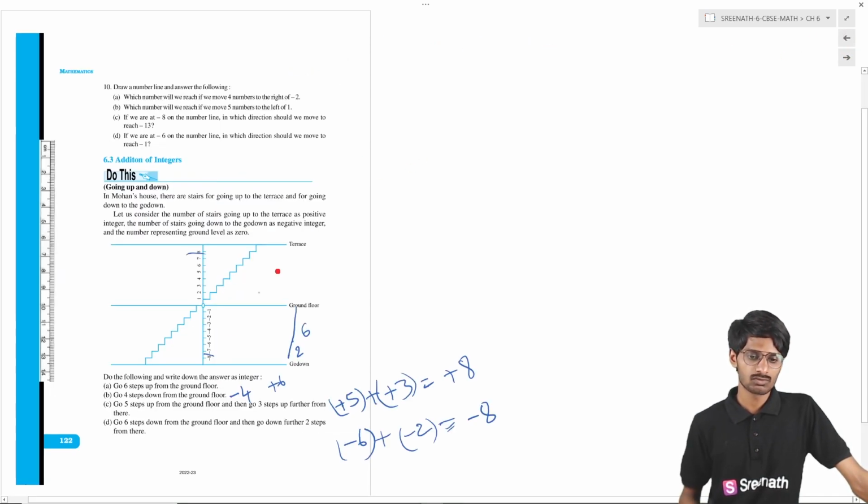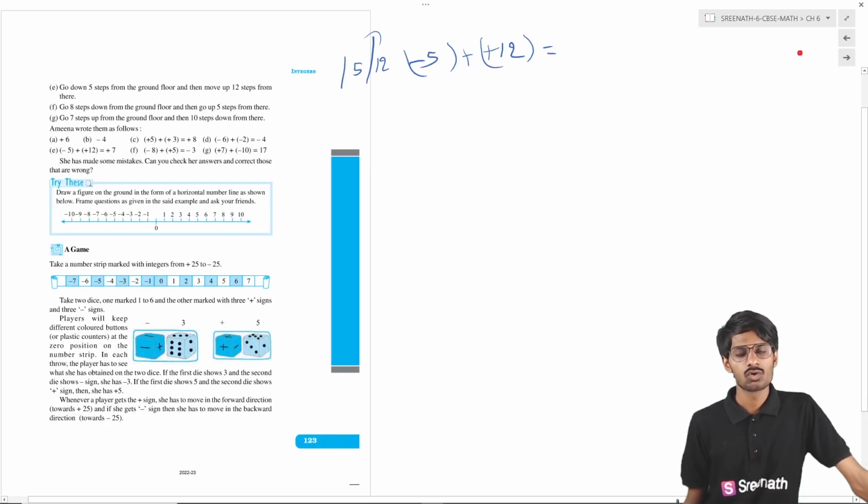You are here, 5 steps down: 1, 2, 3, 4, 5 steps. Now you have to move 12 steps: 1, 2, 3, 4, 5, 6, 7, 8, 9, 10, 11, 12. So we have reached +7 in the steps.